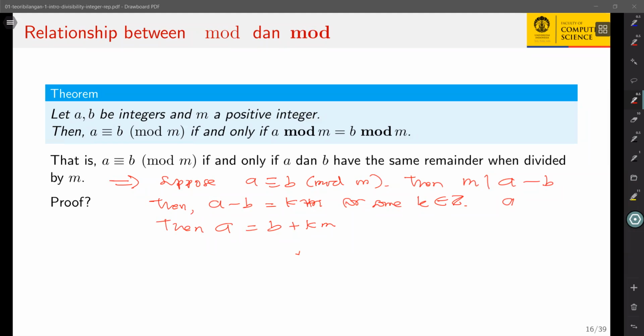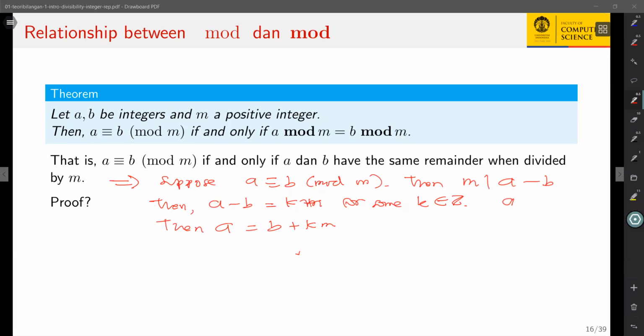All right. So what we want to say is, what will be the remainder of A divided by M, right? So that's how we look at this, right?